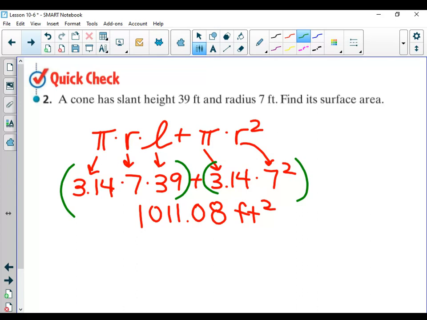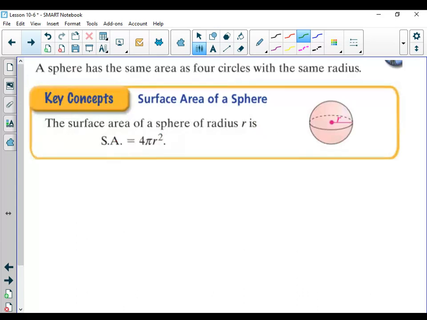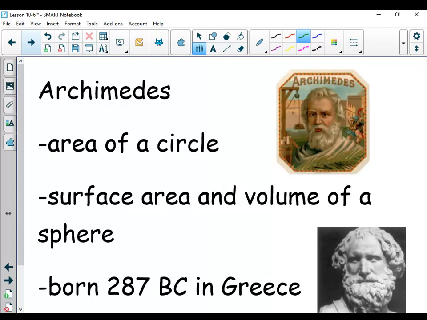Third shape, sphere. Jeez Louise. 3 in one day. Archimedes. So cool. Interesting name. He's Greek, guys, right? Archimedes. Yeah, he is. Oh no!